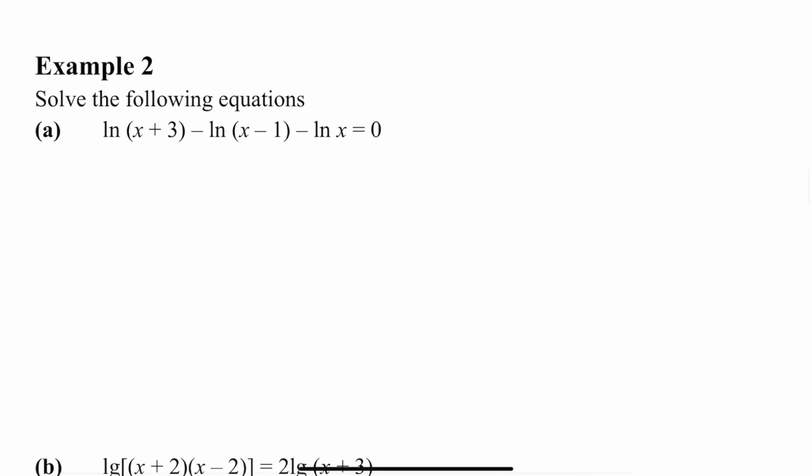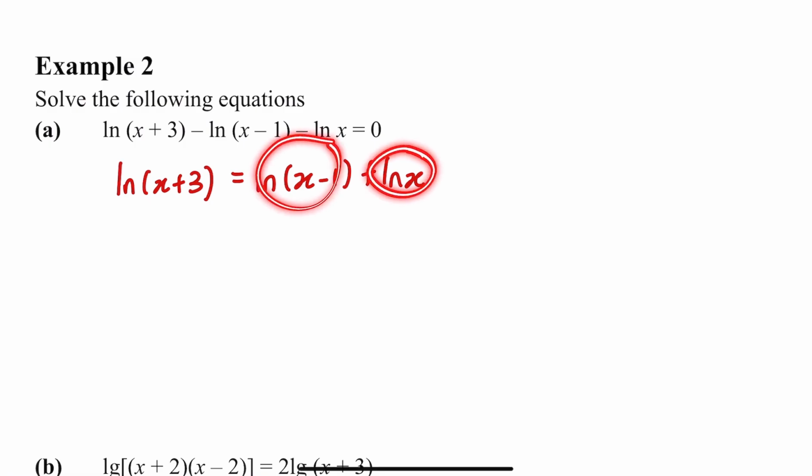All my logarithmic functions are ln, which means base e. So I can simply combine them. Over here, maybe I can shift these two terms to the right side because they are negative. So this means that ln(x plus 3) is equal to ln(x minus 1) plus ln x. Then by the product law, I can combine these two ln functions together.